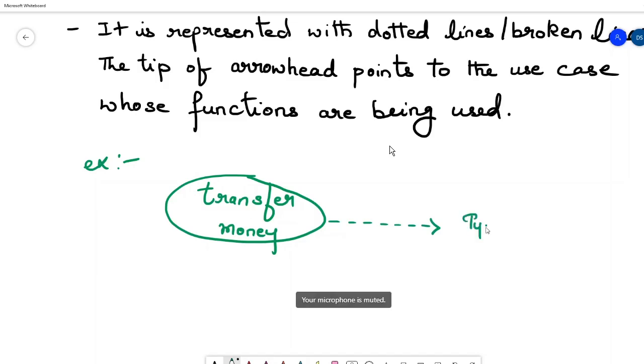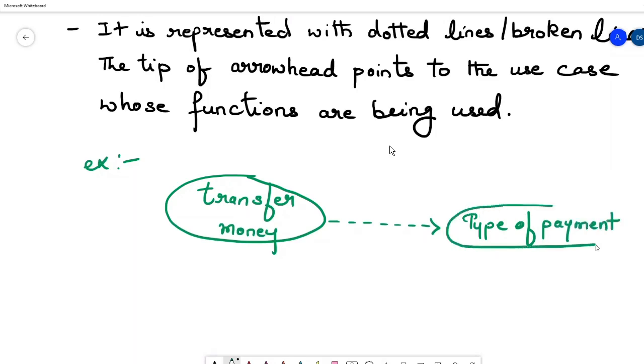So it should include which type of payment I am looking for, whether it is online, cash on delivery, debit, credit. If we talk in terms of bank transactions, it could be NEFT, which type of transfer of money you are looking at.